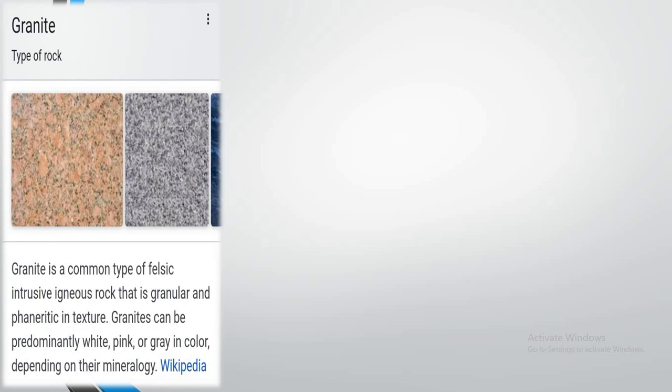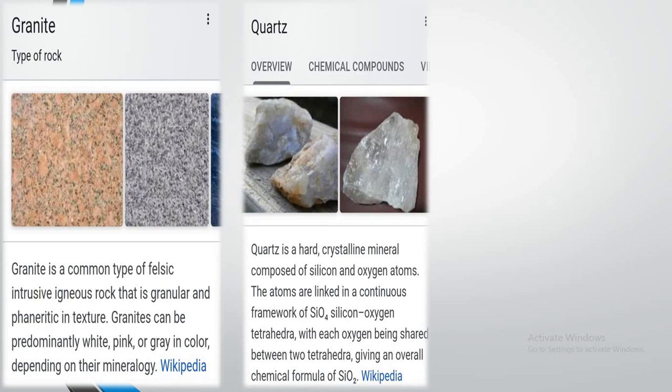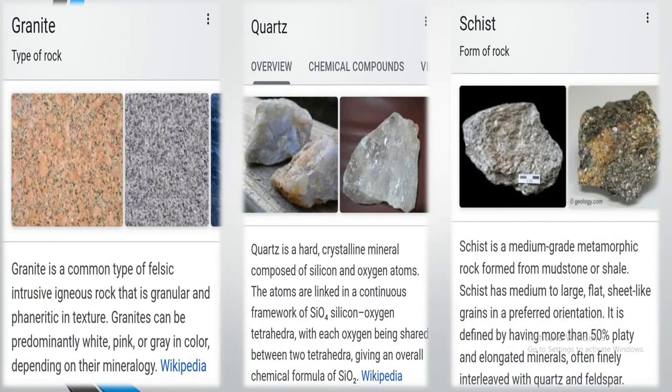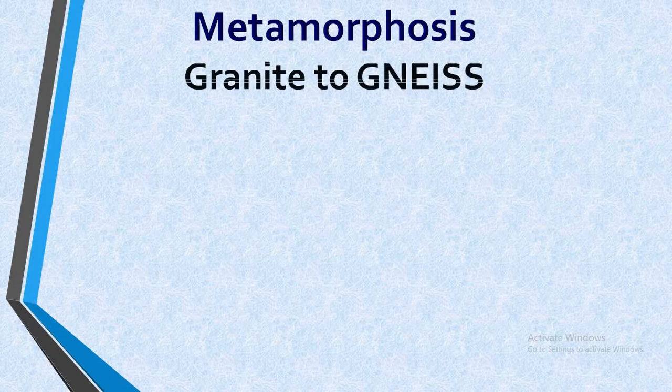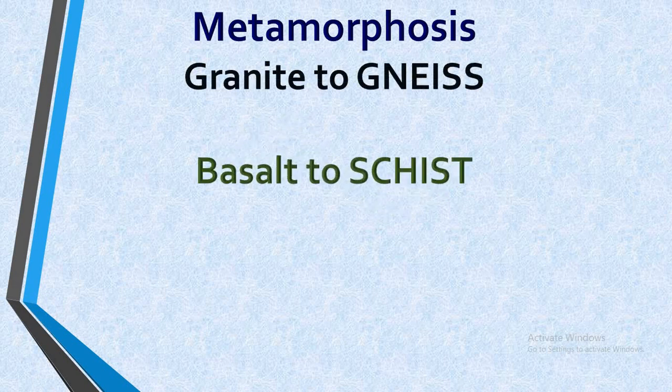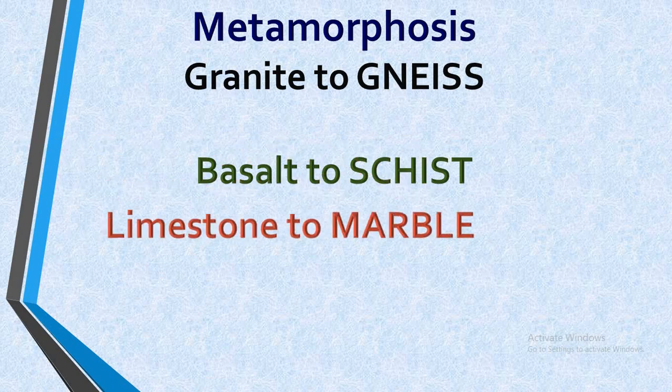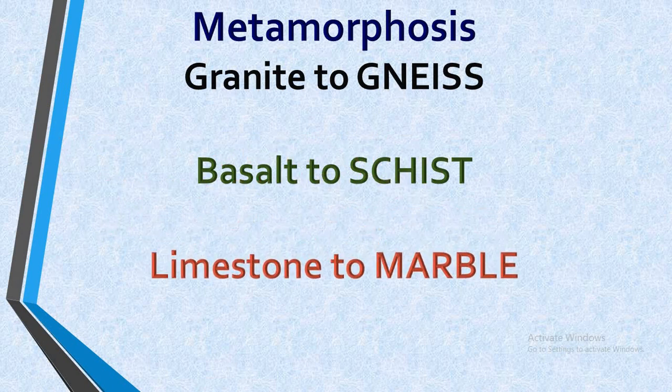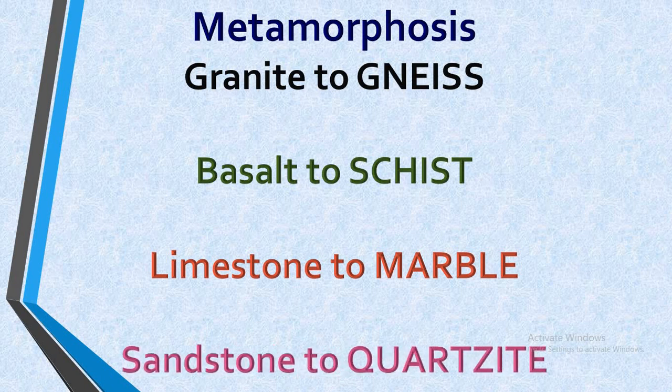Granite, quartz and schist are some examples of metamorphic rocks. So these metamorphic rocks change in character, that is, from granite to gneiss, basalt to schist, limestone to marble, and sandstone to quartz.